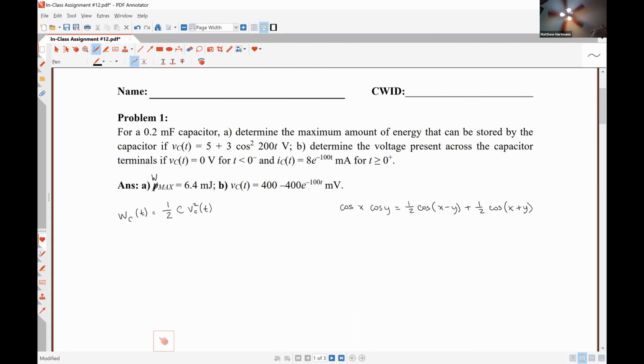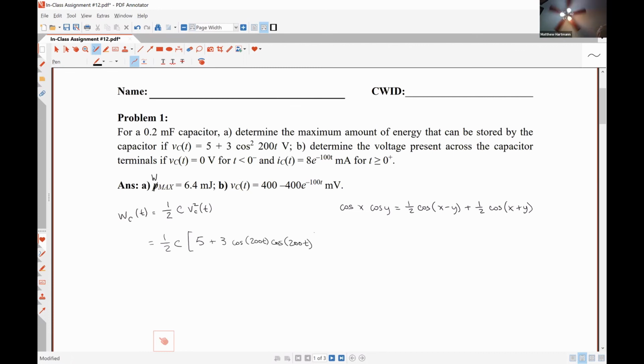If we applied that to our waveform, we would have 1/2 C times 5 plus 3, and I'm saying cosine squared, so I'm going to call that cosine 200t times cosine 200t. That's the same as cosine squared 200t, right? I'm just spreading it out.